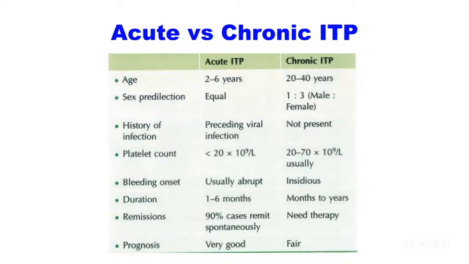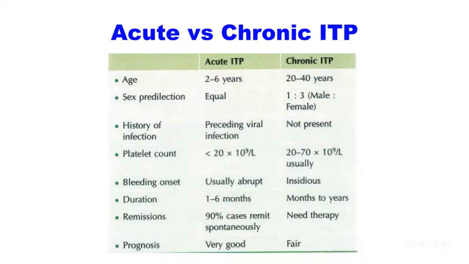Here is a chart which shows acute and chronic ITP. It is very important to understand that acute ITP is mostly present in children, 2 to 6 years, whereas chronic ITP is mostly in adults, 20 to 40 years.